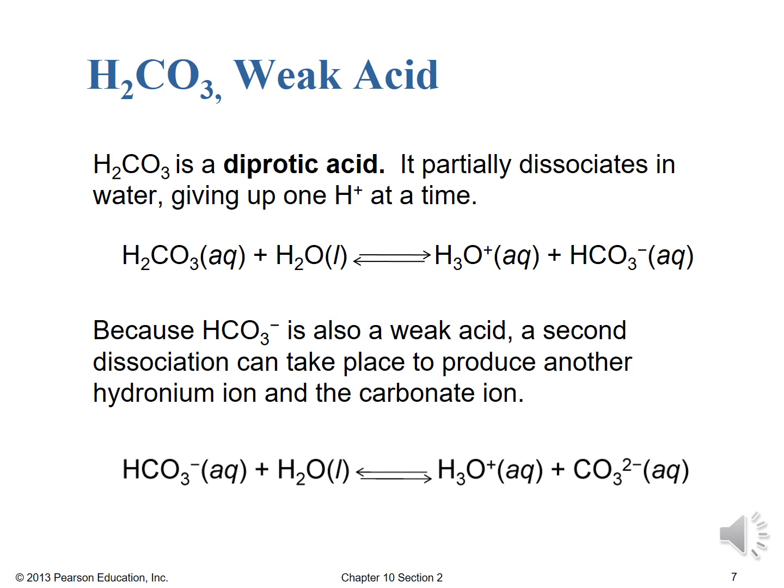But if we look at another case, carbonic acid here, H2CO3, is really a weak acid, and it's a weak diprotic acid. So it partially dissociates in water, giving up one proton at a time until it's finally carbonate ion. Again, because the carbonic acid itself is weak, most of it stays as carbonic acid. Very little goes on to form the hydrogen carbonate ion.